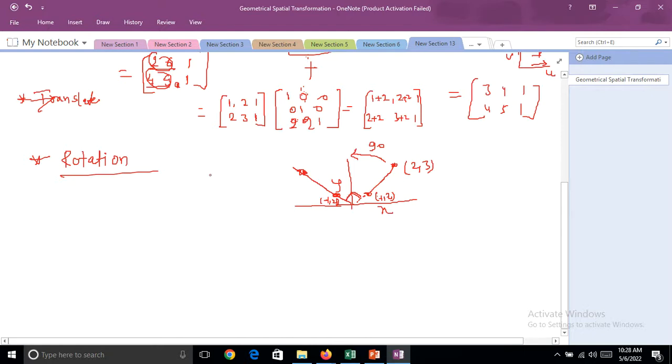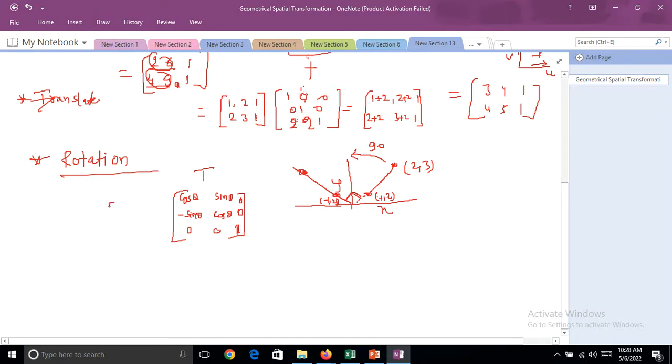for this we shall make the operator here T. T will be cos theta, minus sin theta, here sin theta and cos theta, and remaining operators you make 0 0, because we are not translating, so this will be 0, this will be 1.